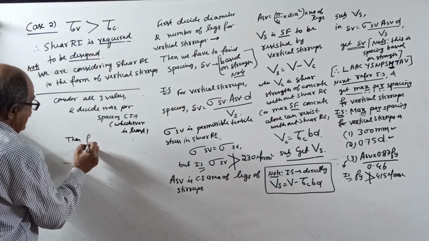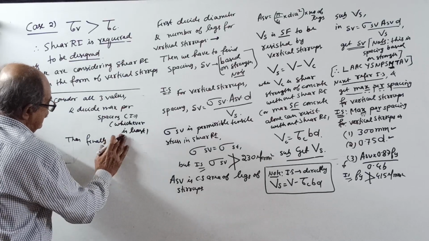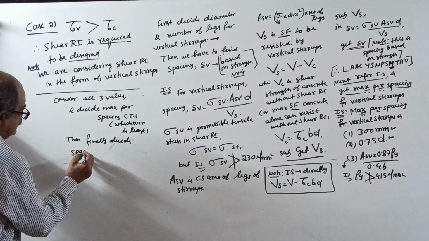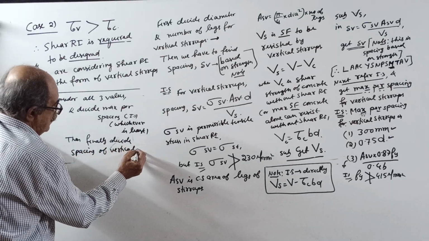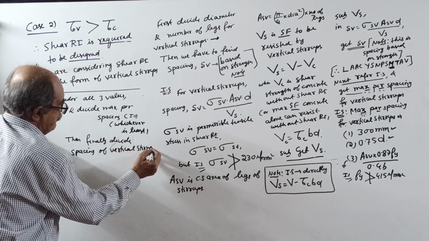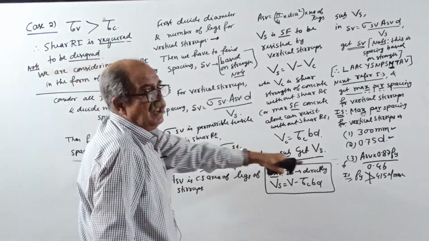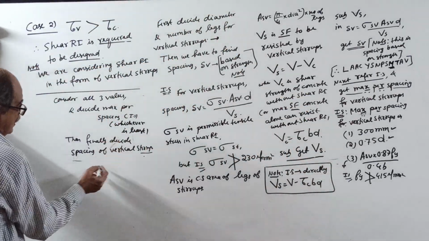Then finally, decide the spacing for vertical stirrups. Remember how: one is the IS code limit, the next is the design spacing. For that, what to do?